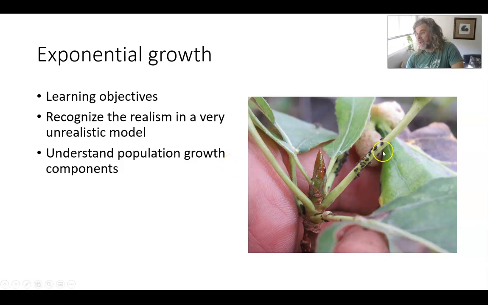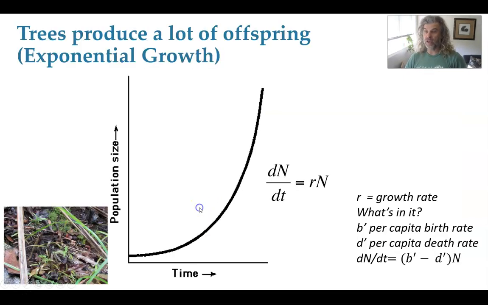Here's a tree pest. These are gall-causing aphids on cottonwood. This is actually over in Pine Creek. Aphids, lots of insects, can grow exponentially. Their populations won't grow indefinitely exponentially because they'll run out of resources eventually, but for a period of time they will have these really dramatic increases in growth.